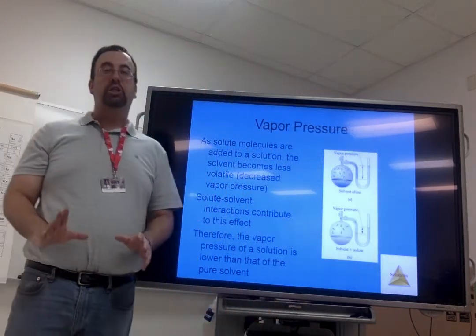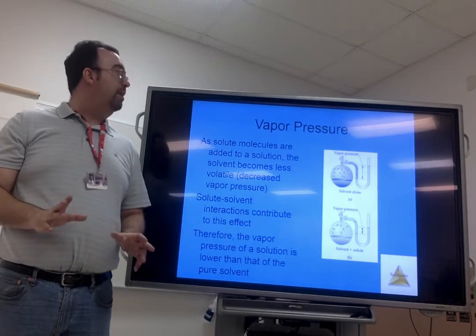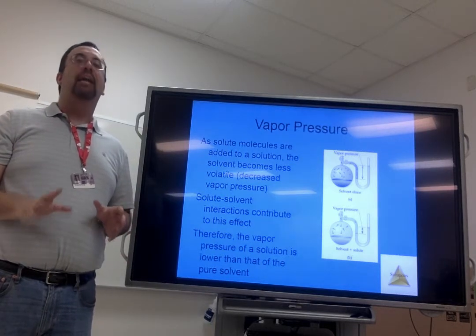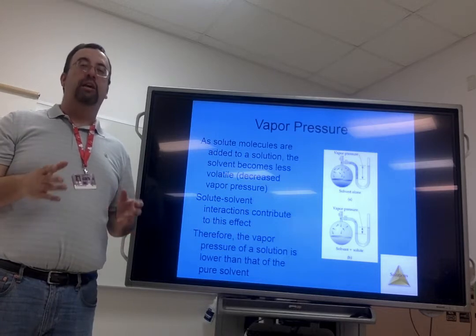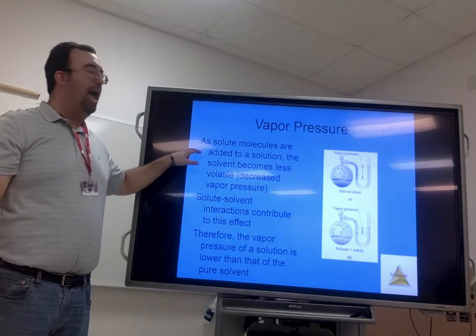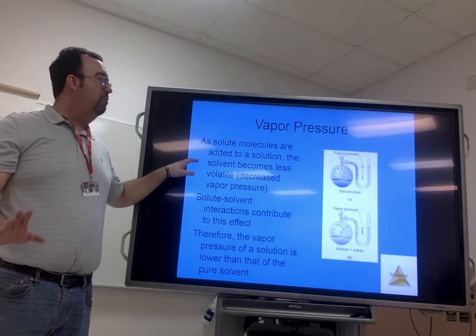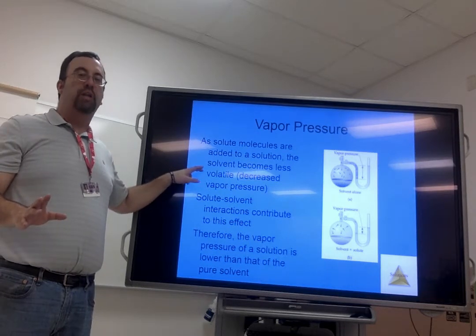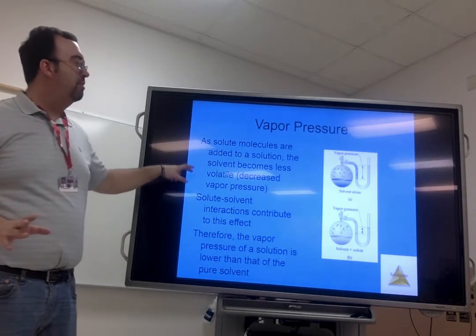All right, let us start with the first one, vapor pressure lowering. If you remember from our last topic when we were looking at gases dissolved in liquids, which relates back to Henry's law, as solute molecules are added to a solution, the solvent will become less volatile. And so this will cause a decrease in the vapor pressure.